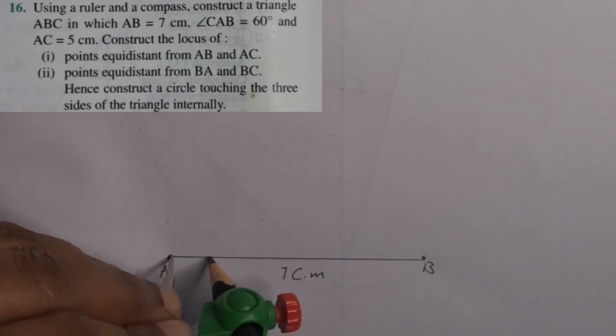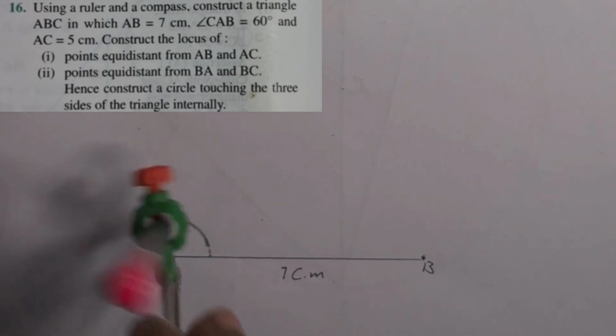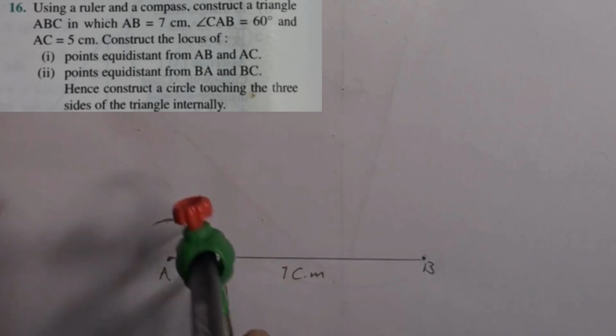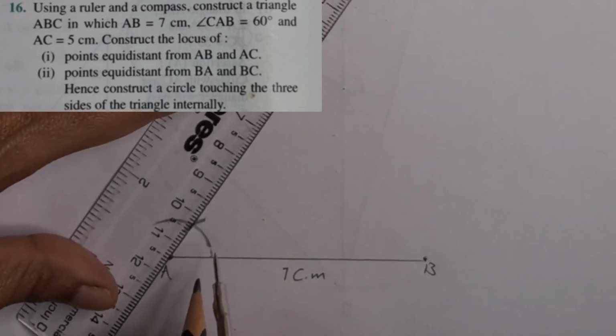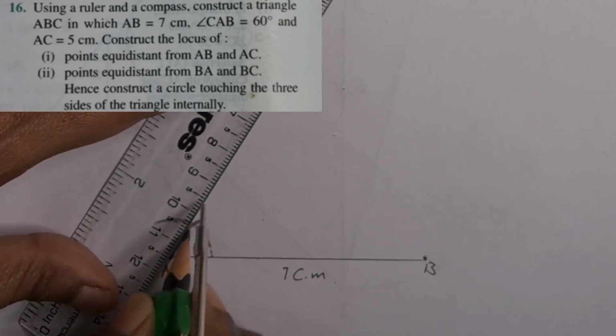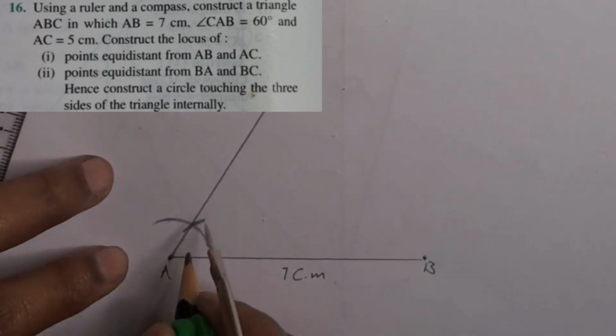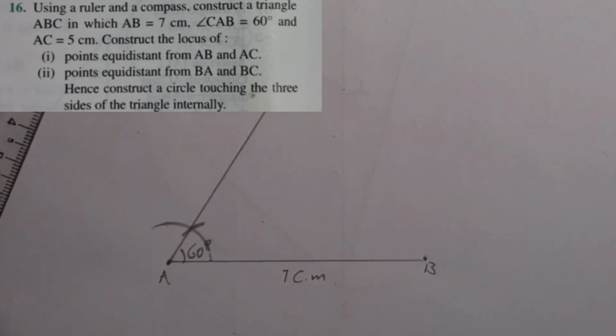We have to draw a 60 degrees angle. This is 60 degrees. Draw one line here. Next, AC equal to 5 centimeters.